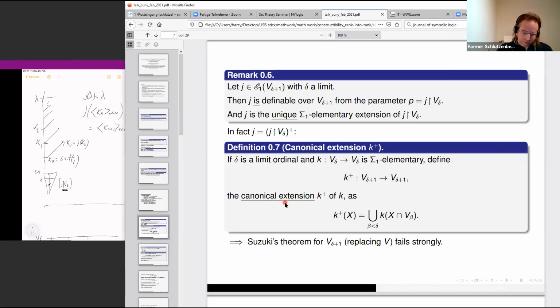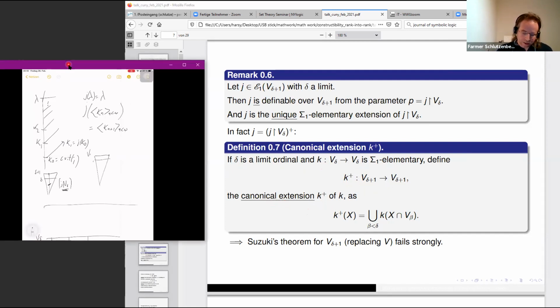We have V delta plus 1. The elements of V delta plus 1 are all subsets of V delta. So we consider some X here, a subset of V delta. K acts already on V delta, so we can move all the restrictions of X down at smaller V alphas.